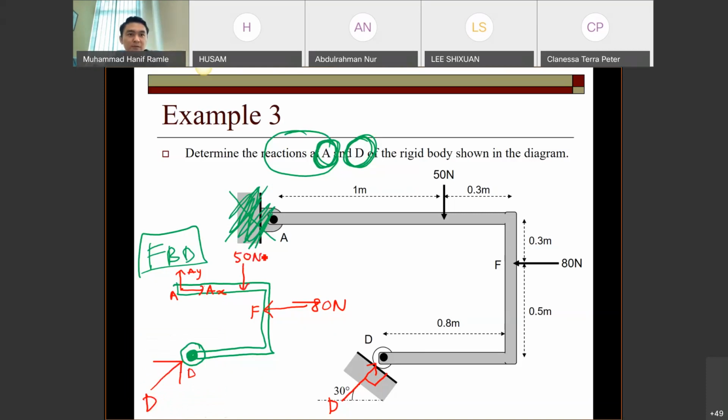Is this FBD completed or not? No, not yet. What is the thing that we miss here?